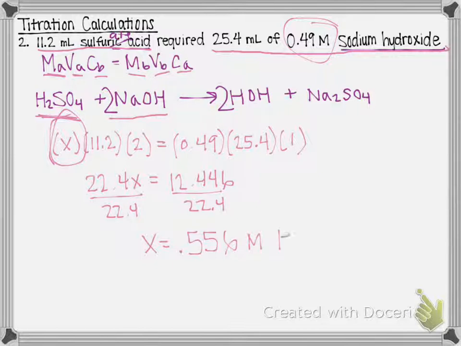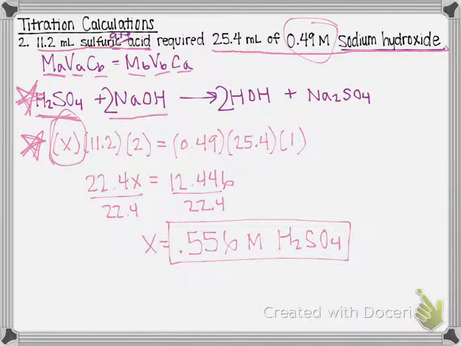So that's your final answer. For all these problems, you need to first get a balanced equation so that you can get your coefficients, and then your next step is to just plug all the numbers into the equation, and then you solve for x.